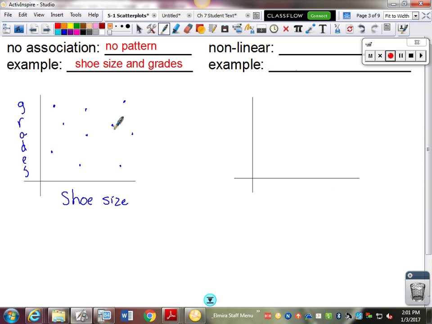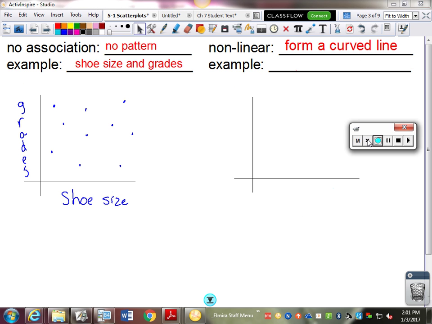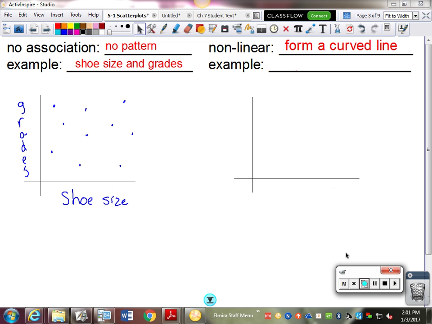Okay. Now, lastly, you can have data that has a pattern to it, but it's not linear. It forms a curved line instead of a straight line. For example, the path of a football. Okay, so we're throwing the football, it goes through the air, and incomplete. Did not catch the football.